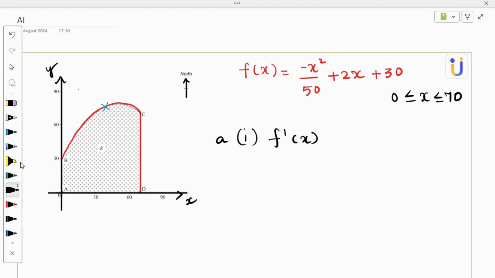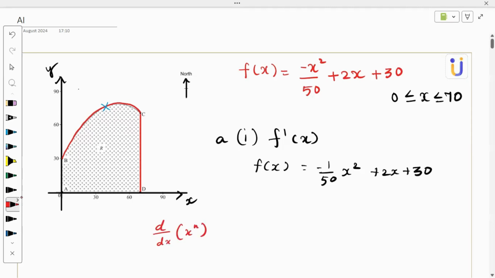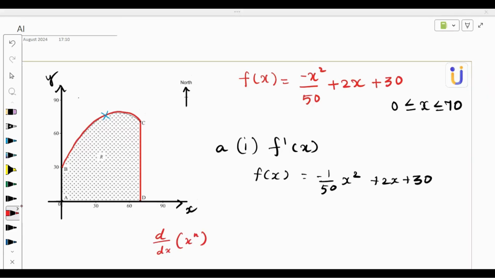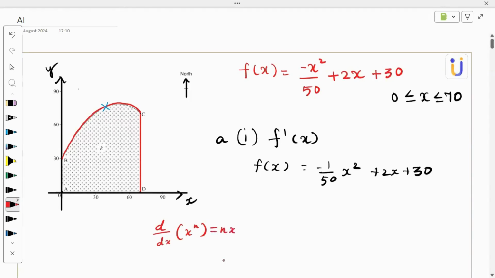So the first one, for this f of x, find the derivative f dash of x. It's quite simple. Let's write f of x in this way: minus 1 by 50 x squared plus 2x plus 30. What is the differentiation of x squared? Any differentiation, d by dx of x power n, with your variable in the base and some number in the exponent, will be n into x power n minus 1.